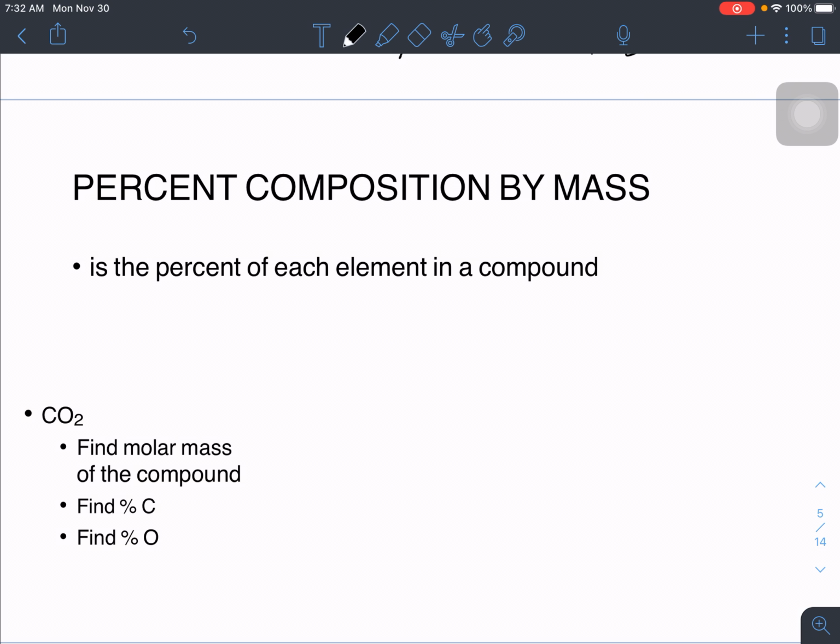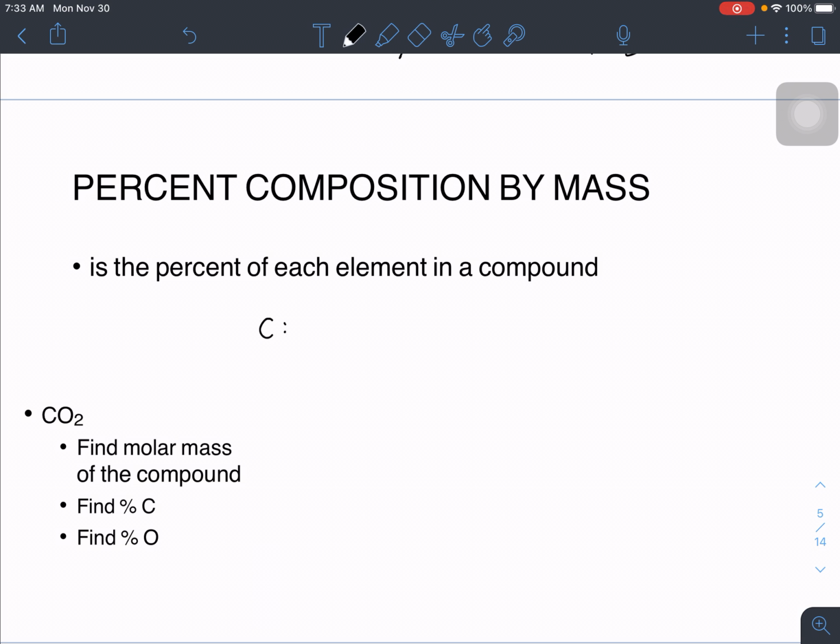The first step, of course, is to list down the elements present in the compound. If you were given the name of the substance, it is important to know how to translate it into a chemical formula. Upon translating it to a chemical formula, next is to find the molar mass of the compound.